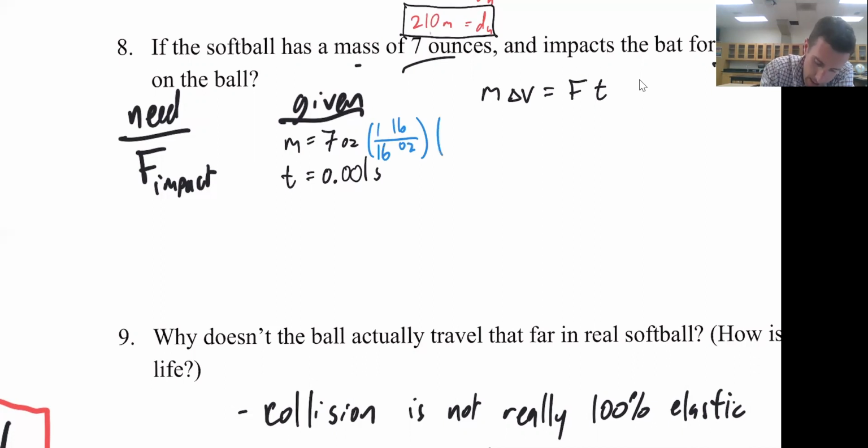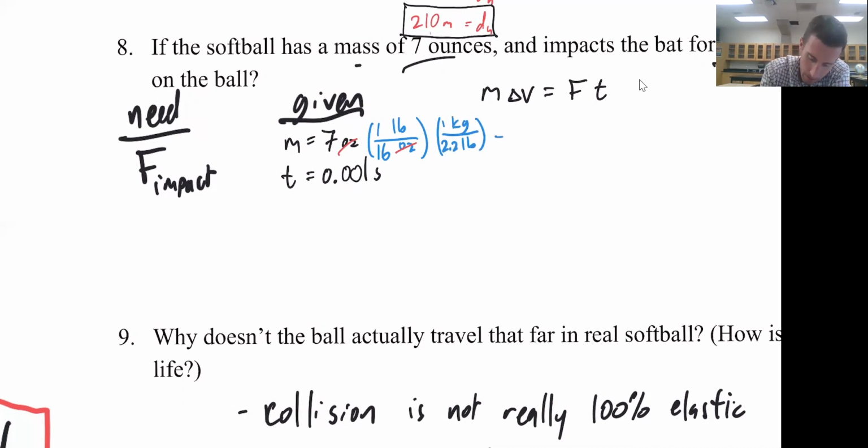Now that gets rid of ounces and leaves me with pounds. Now I need to get rid of my pounds, so I'm going to put pounds on the bottom and turn them into kilograms. I happen to know that there are 2.2 pounds in 1 kilogram.